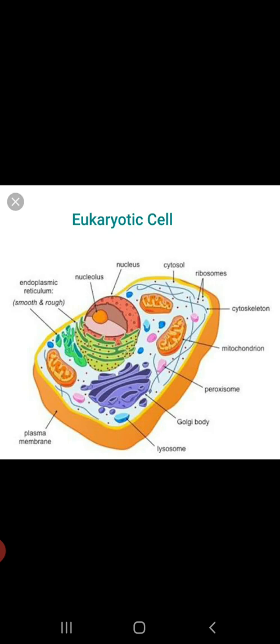The nucleus is bounded with the nuclear membrane and rest of the cell organelles, endoplasmic reticulum, mitochondria, ribosomes, Golgi apparatus, all those cell organelles float in the cytoplasm. Yes, so that is about the eukaryotic cells. You have the diagram of bacterial cell for prokaryotic cells, and for eukaryotic cells you can always refer to the animal cells or plant cells.